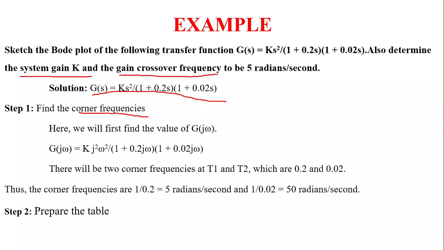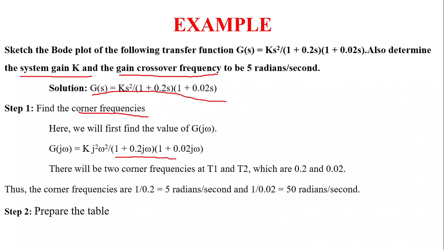To find them, wherever we have s in the transfer function, we substitute j omega. So in the given transfer function, G of j omega equals K as it is, and s square becomes j square omega square, divided by (1 plus 0.2 j omega) into (1 plus 0.02 j omega).